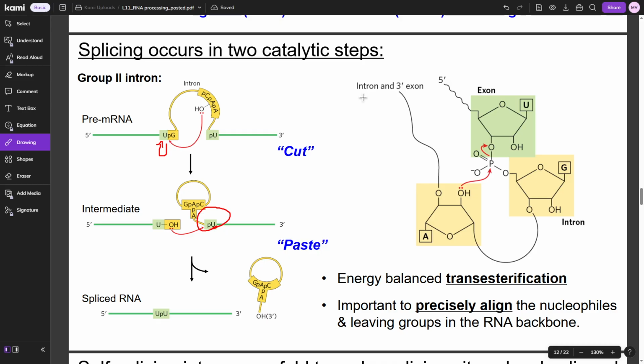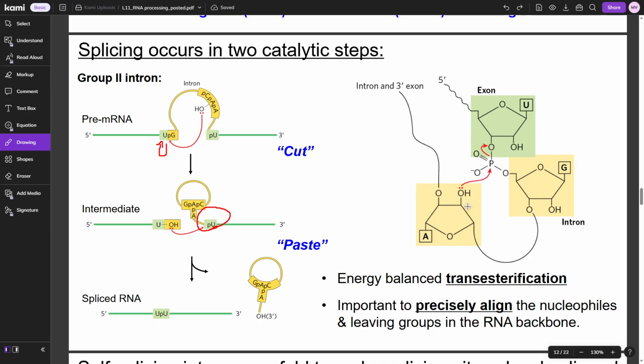Here we have the 5' exon, and then we've got the intron, and the 3' exon. These two yellow things are part of the intron. Essentially, when this OH attacks, this phosphate leaves. And when that all happens, you end up with this becoming an OH, or an O-.